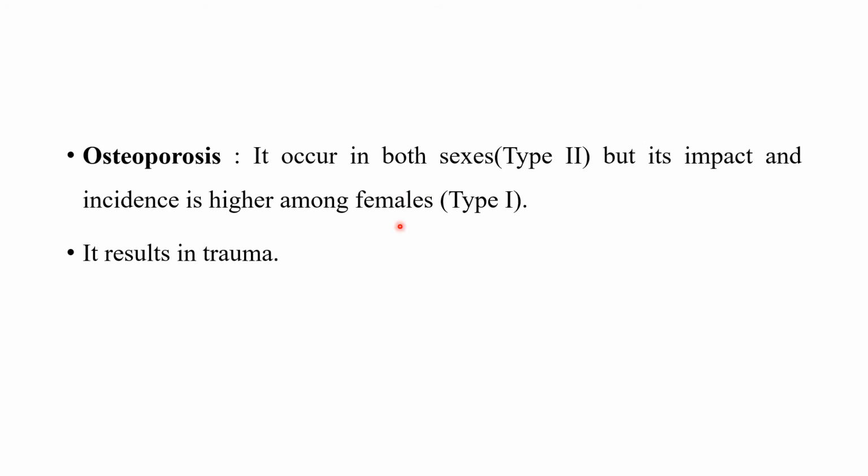In type 1, due to the changes in estrogen level, that will be in females during the menopausal phase. So osteoporosis results in trauma and fracture at different sites, and the major fractures will be at hip, spine, wrist, and pelvis. These are the common sites where these fractures can occur.